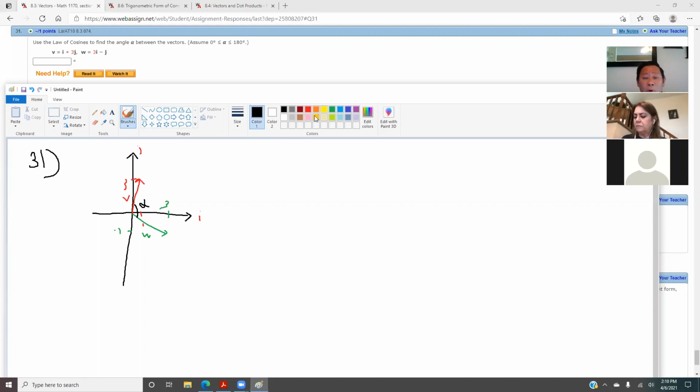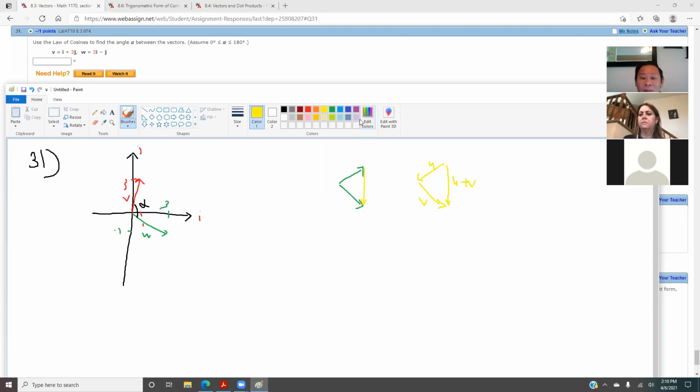One thing I want to point out is that when you add vectors, your arrows have to go smoothly, following one another. If this is u, this is v, then this is u plus v.